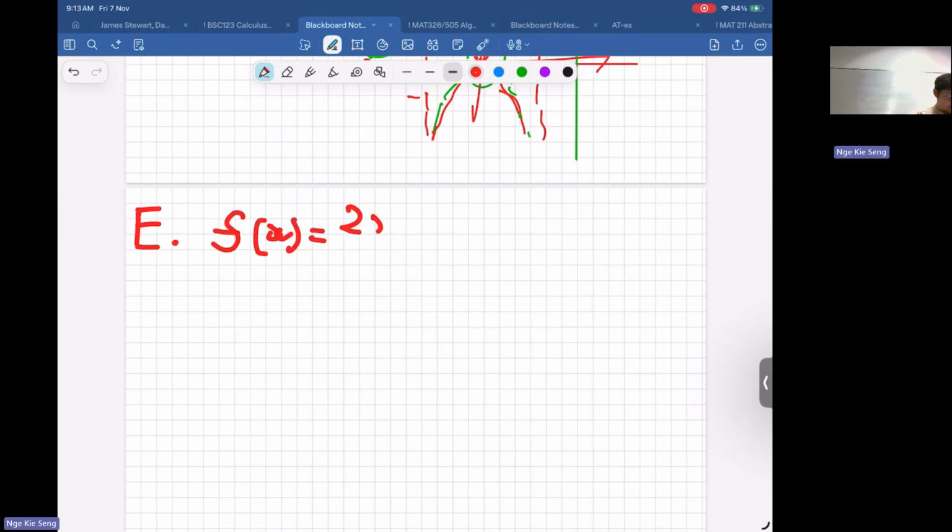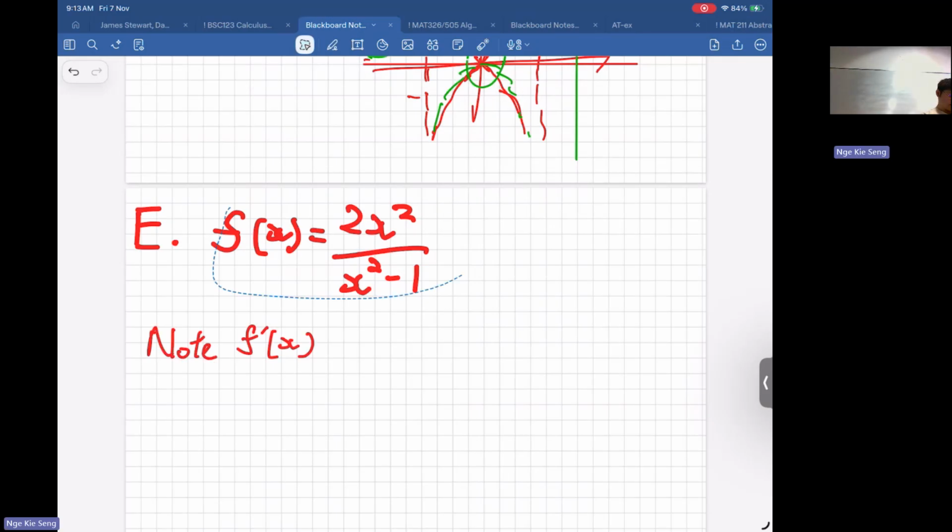See if you get the same answer as me or not. Okay, so to find the intervals of increasing or decreasing, let's find what is f prime of x.